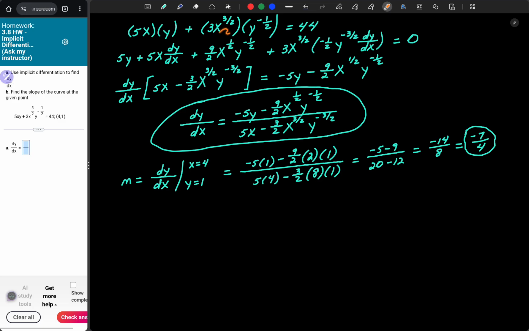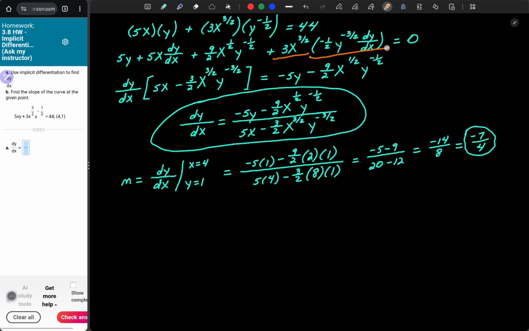I move to the second term now, and I take the derivative of it. Derivative of any product is the derivative of the first term, derivative of 3x to the 3/2 is going to be 9/2 x to the 1/2, times the second, plus the first, now times the derivative of the second.